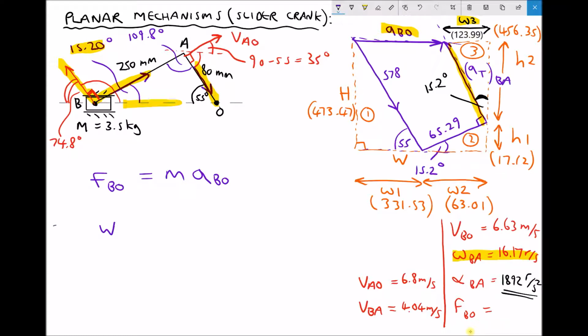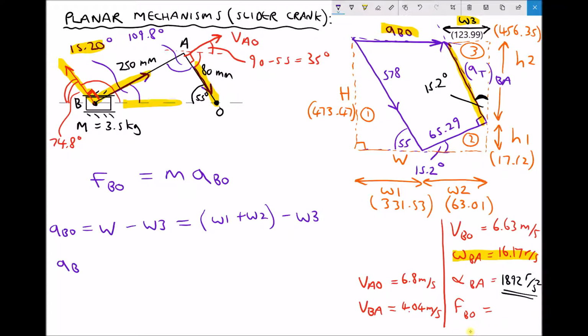So we can write the acceleration of B relative to O equals capital W minus W3. Well, capital W is just W1 plus W2. So we have W1 plus W2, which gives us the total width, then minus W3.